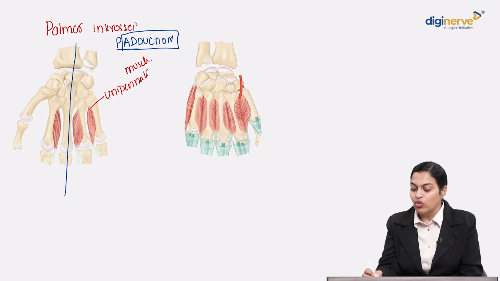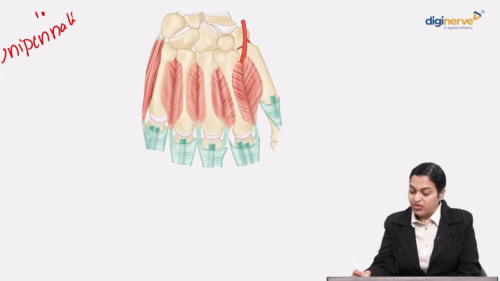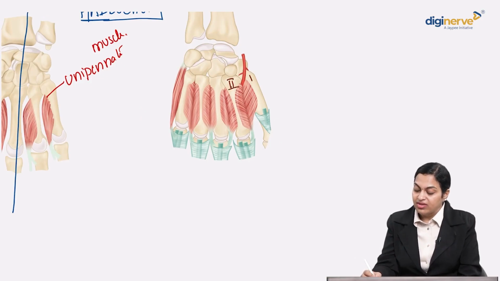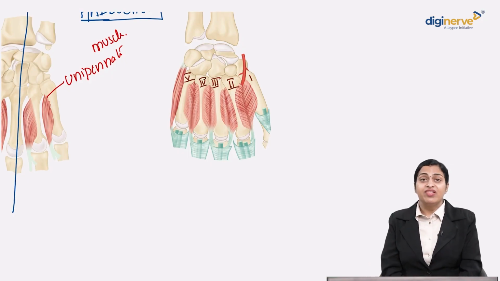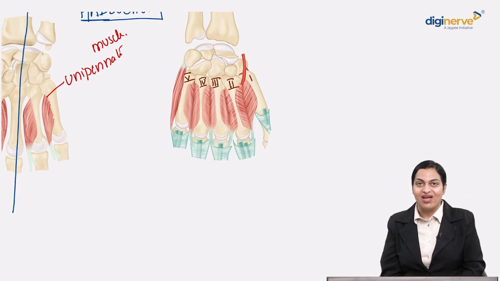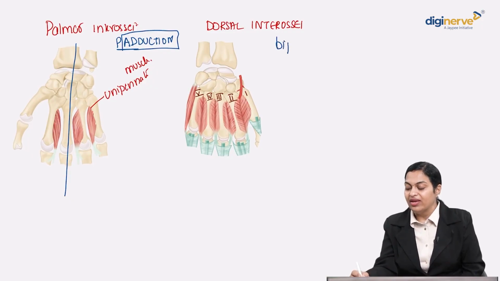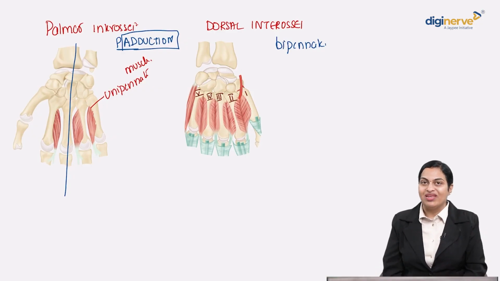And this is an image showing you the dorsal interossei. Can you appreciate? This is your first metacarpal, the second, the third, the fourth and the fifth metacarpal. We can see that the dorsal interossei arise from the adjacent sides of the metacarpal bones and all of them are bipinnate, in contrast to palmar interossei which were all unipinnate.